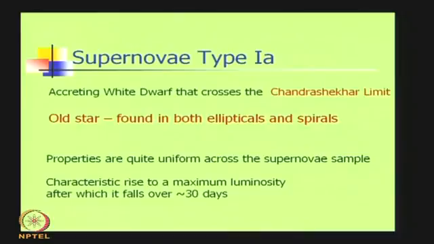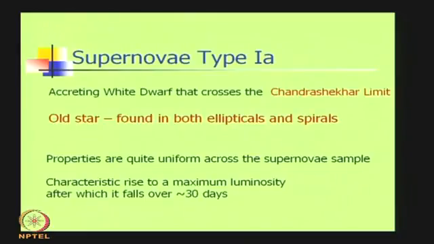Spirals have gas, so star formation is taking place and you find a mixture of young stars and old stars in spirals. Well, old stars are there both in ellipticals and spirals, so you can see supernova of type 1a both in ellipticals and spirals, and their properties are quite uniform across the entire supernova 1 sample.